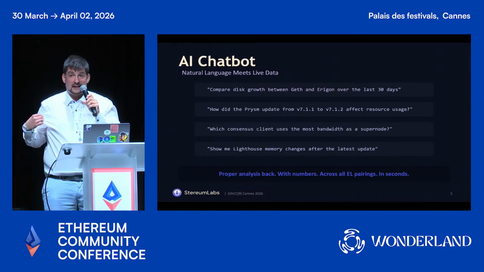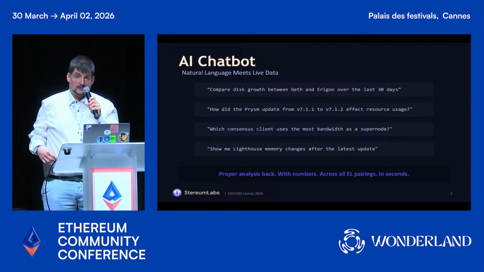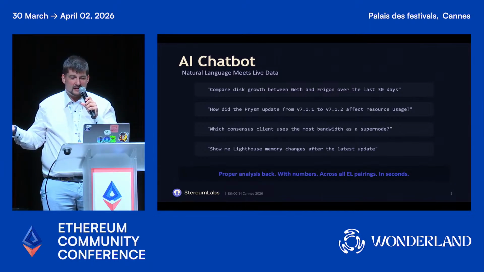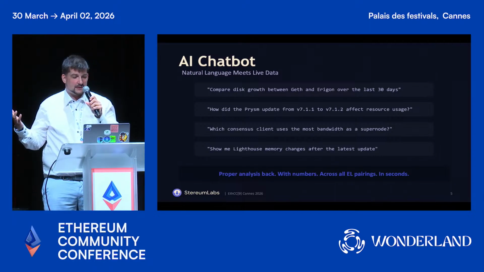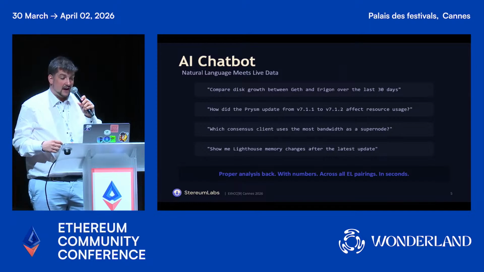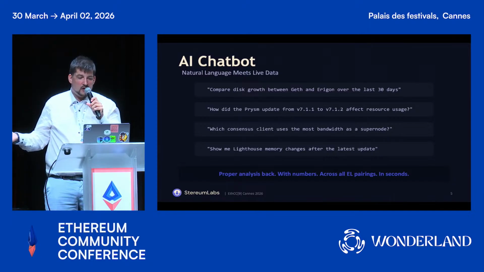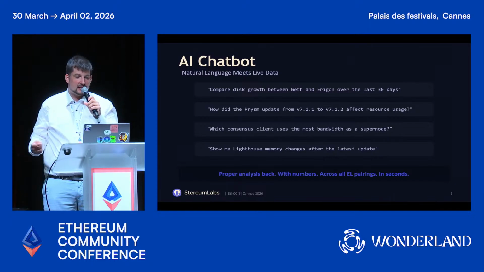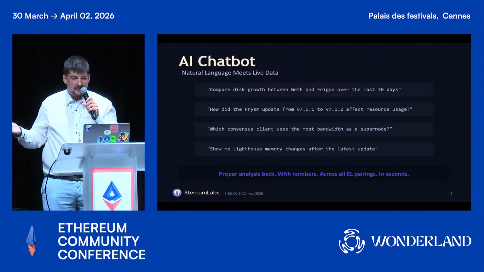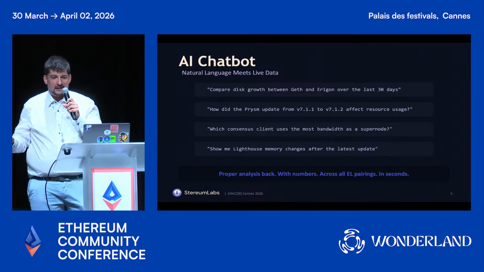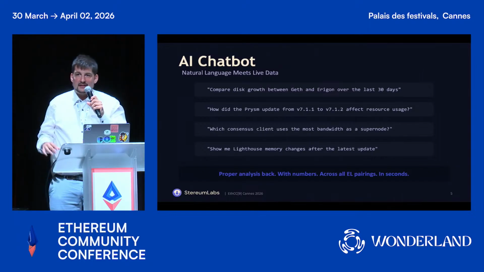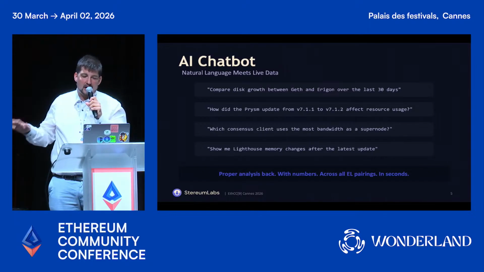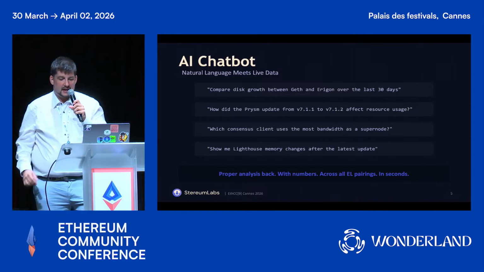You can check whether the update of Prysm affected resource usage. You can ask how the memory changed on Lighthouse in the latest update. And this proper analysis, with real numbers, doesn't take you days or hours; it is here in seconds.